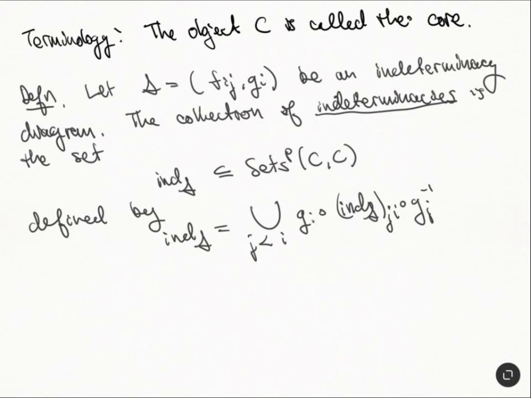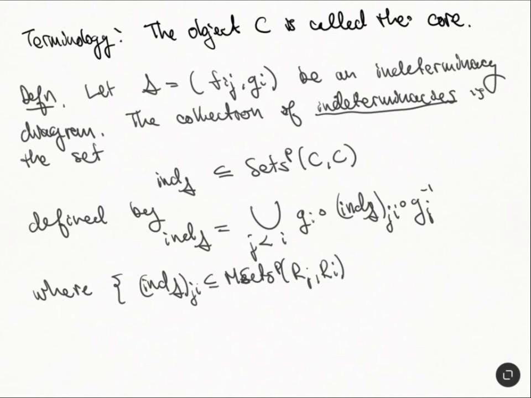Okay, but let me just spell that out. Where this set Ind S_ji is in M-sets, maps from R_j to R_i for j less than i.